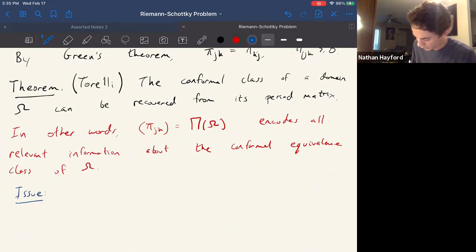Well, the dimension of the space of these matrices. So let's consider, let me state it like this: the set of all such matrices.